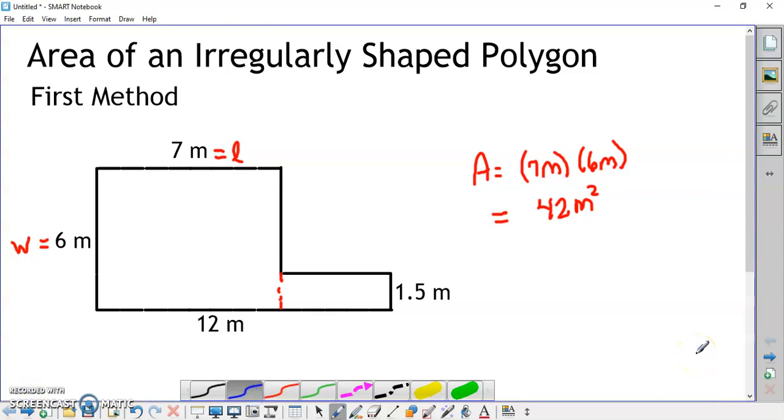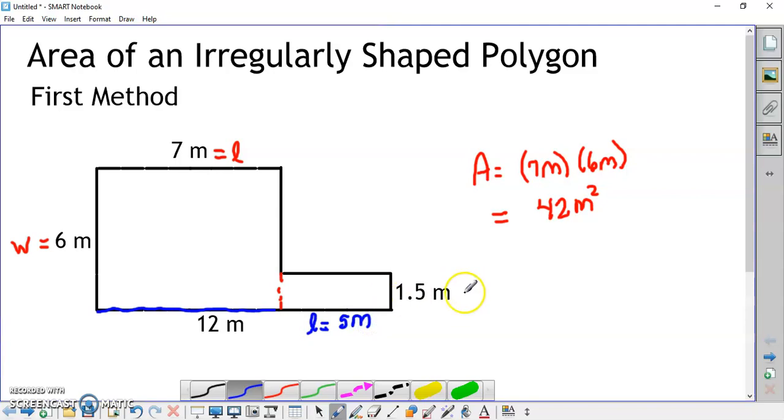For the area of the smaller rectangle, I need to find the length. Since the long side is 12 meters, and from here to here is 7 meters, that leaves me 5 meters for the length.